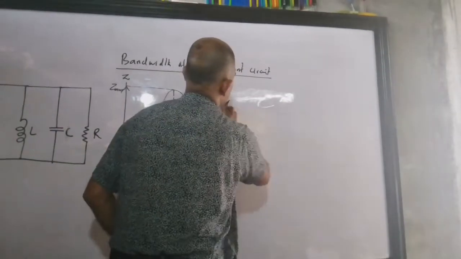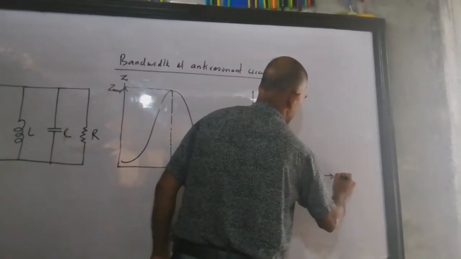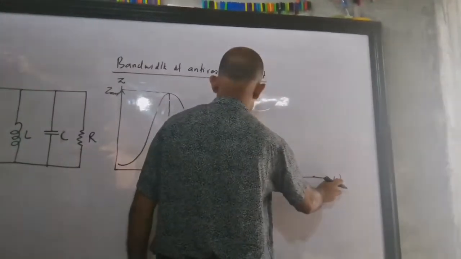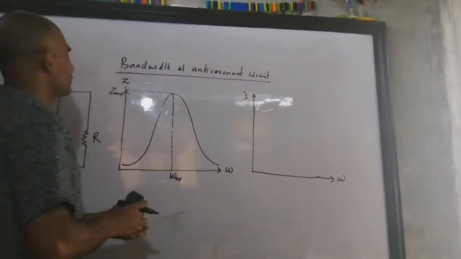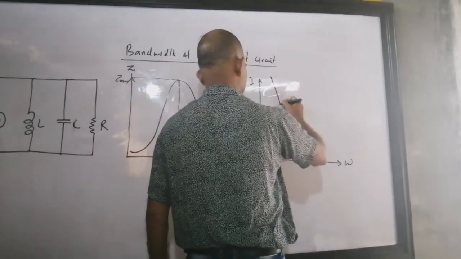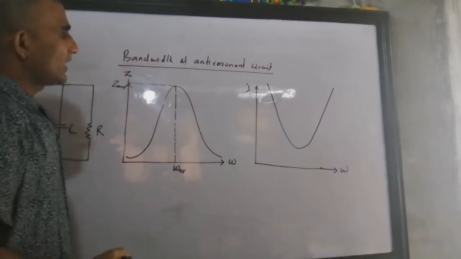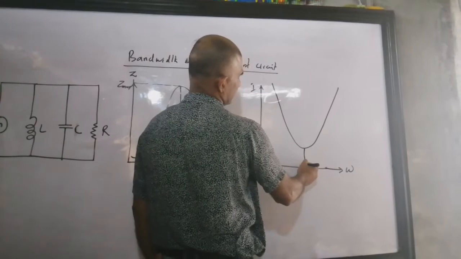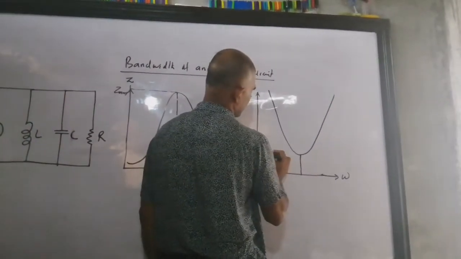And if we see the variation of current with angular frequency, we know that the current varies inversely as the impedance. So just opposite will be the graph of current versus frequency. It looks like this. Here also, at a certain frequency impedance becomes maximum and current becomes minimum.